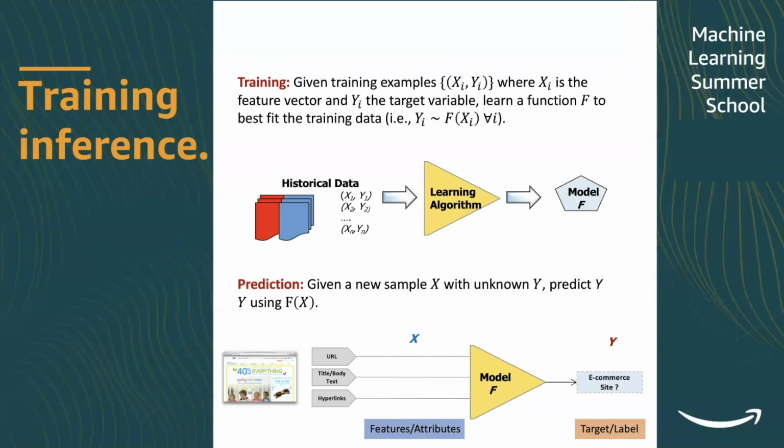And you will see in later lectures that when you move to deep networks and things like that, you no longer handcraft these features, but you rather learn them from the raw data itself. But even then, irrespective of what method or algorithm you use, you will always need to encode it into a numerical vector that contains that information. And this is what X here represents. It's the features or the attributes. It could be raw data like pixels of an image. Nevertheless, it's a numerical representation of your input.